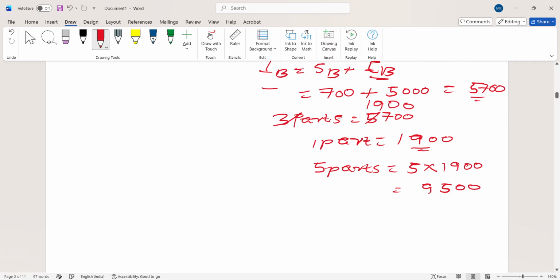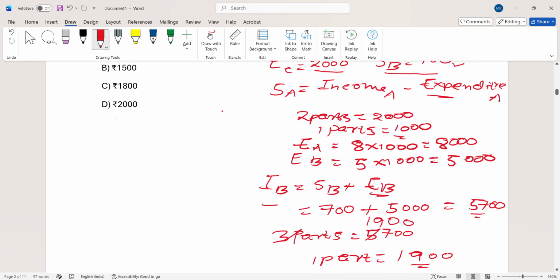So we get the income of A, and we have the expenditure of A.